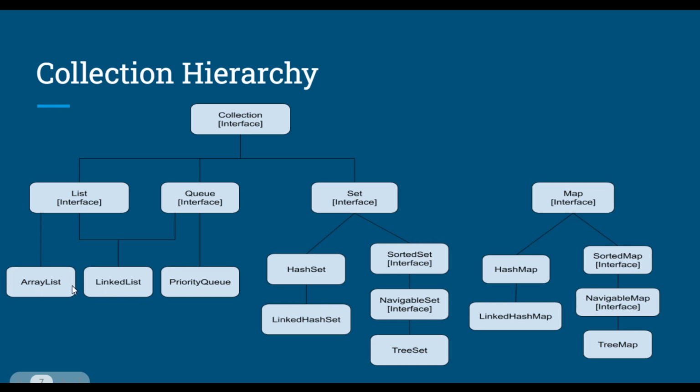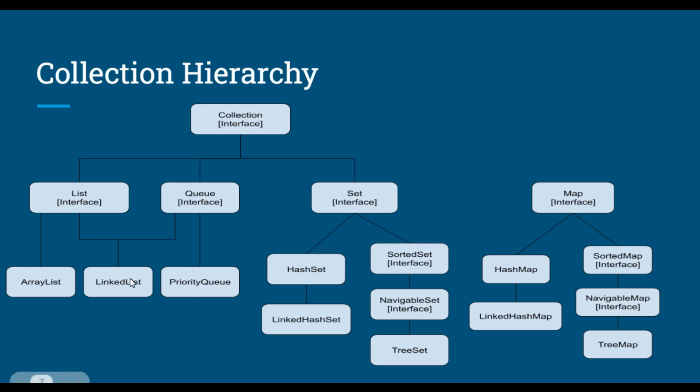So first of all, the ArrayList means you can save the duplicates. You can also store in a respective order. If you try to add every element in the ArrayList, we can store with the same order.